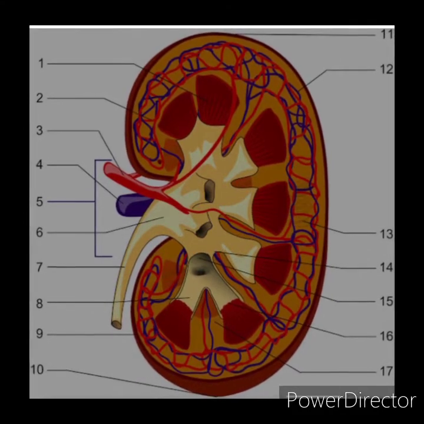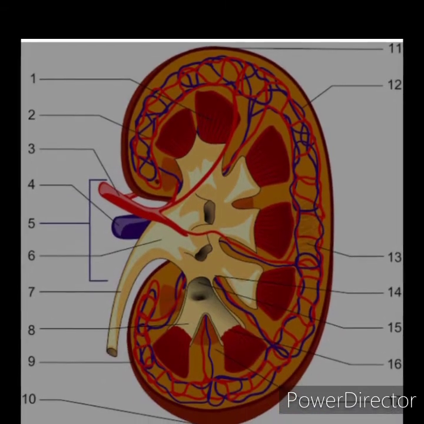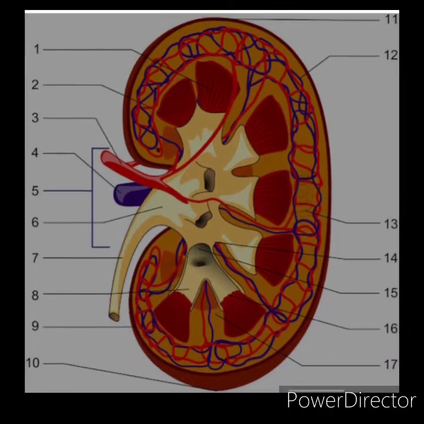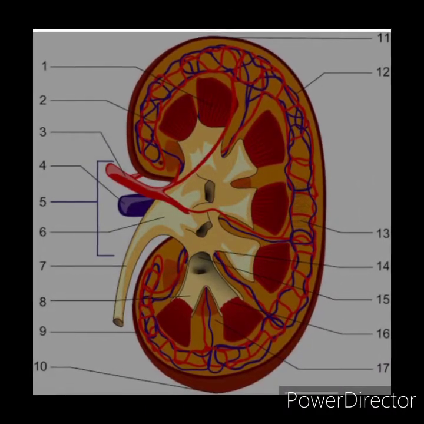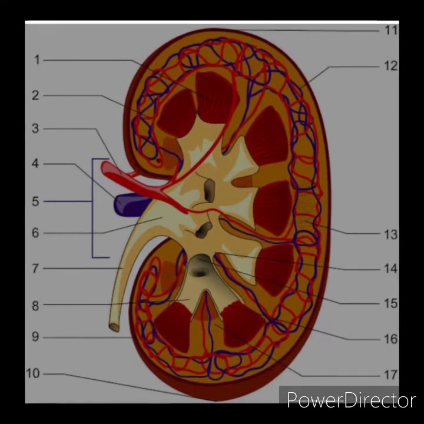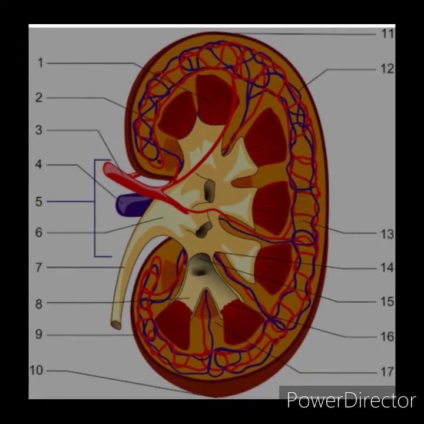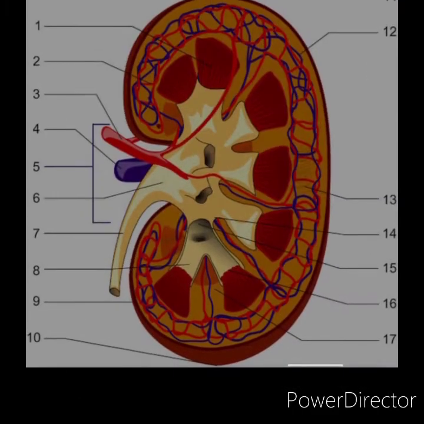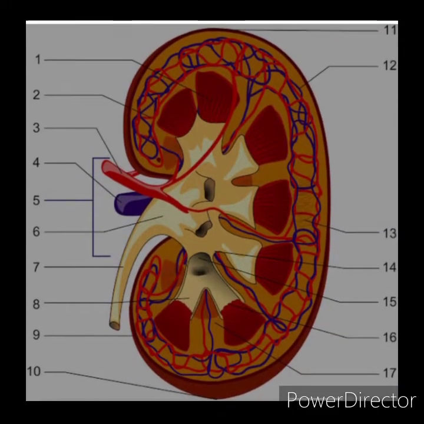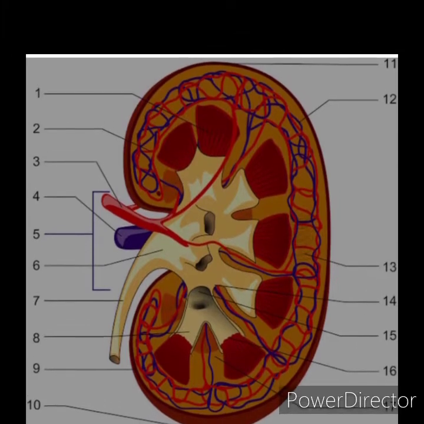Now, renal autoregulation. Renal autoregulation is important to maintain the glomerular filtration rate, GFR. Blood flow to kidney remains normal even when the mean arterial blood pressure varies widely, thus maintaining the normal GFR.